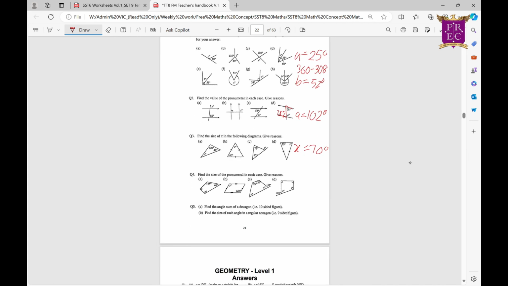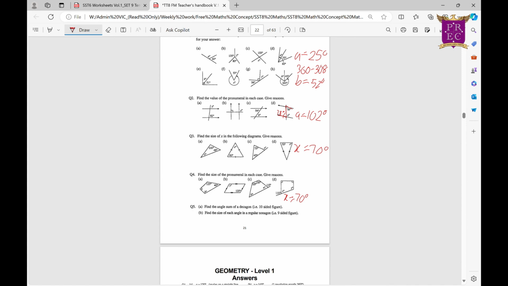This one's a supplementary angle, so we know that x is 70 degrees because supplementary angles add up to 180, so 110 plus 70 gives us 180, and this is a quadrilateral, right? With any quadrilateral, it adds up to 360 degrees. So we know that this is 70, these two are 90 degrees, denoted by the square.